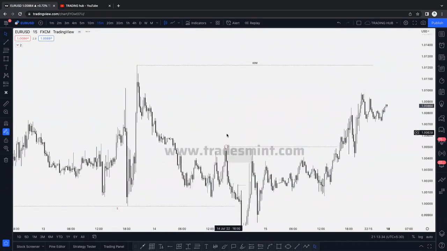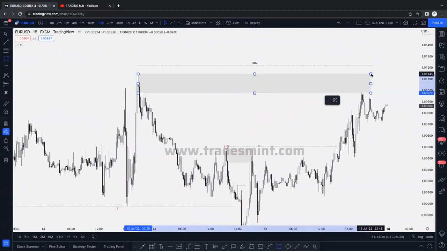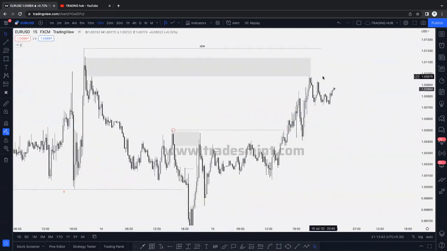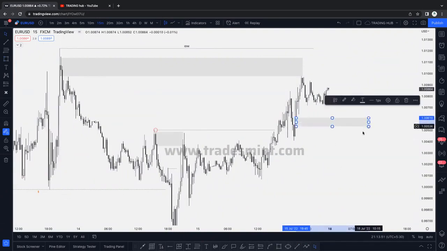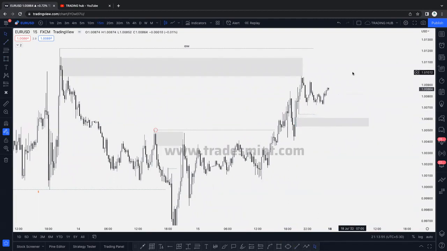And at this point, this is our engineering liquidity, which is already mitigated here. So at this point, we can see some sell reaction for the short term before it continues higher in this zone. Okay, and this low acts like an inducement.